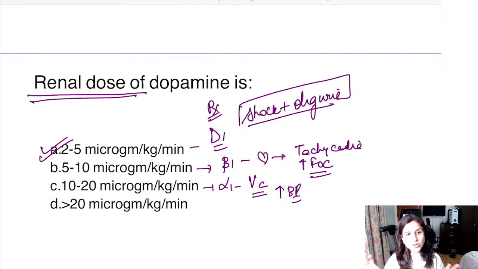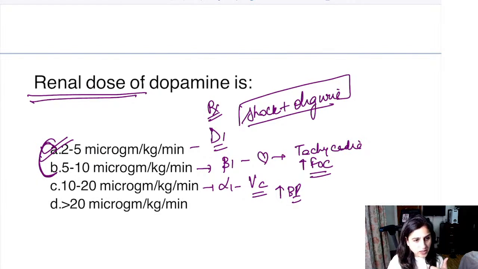So we don't usually use very high doses. Mostly we work within the therapeutic dose. So its actions are dose dependent. The lowest dose acts on D1, then B1, and then alpha 1. That is what you should know about dopamine. And it's the drug of choice in shock with oliguria.